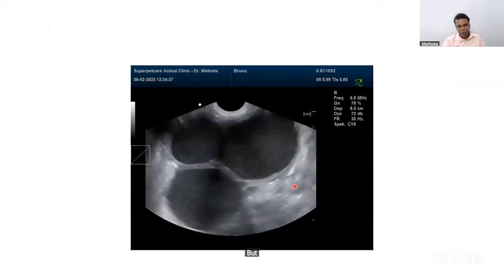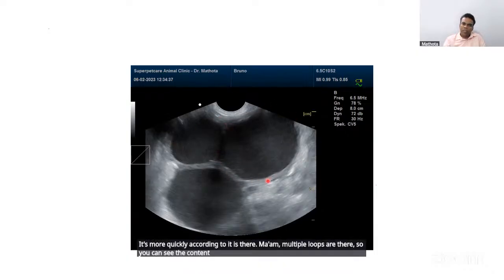But if there's an abnormality like this, what is this? This is a pyometra condition. Fluid is accumulated inside the uterus. The content is a moderately echogenic fluid. Multiple loops are there, so you can see the content and you can see a thin wall.